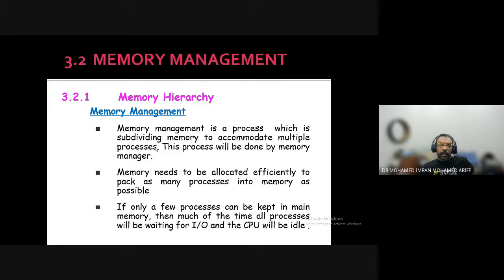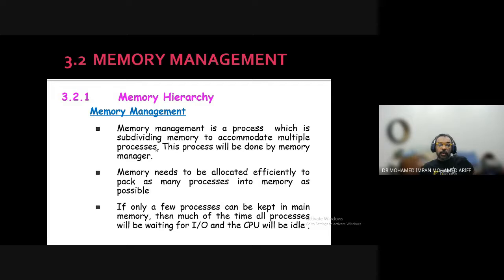So there is another hardware. Memory needs to be allocated efficiently to pack as many processes into memory as possible. If only a few processes can be kept in the main memory, then much of the time all processes will be waiting for input output and the CPU will be idle.